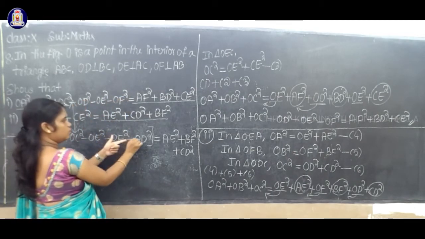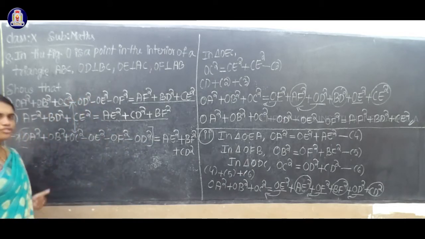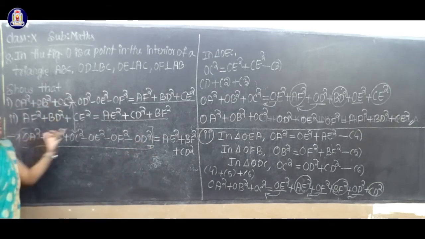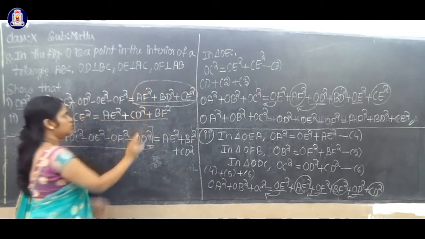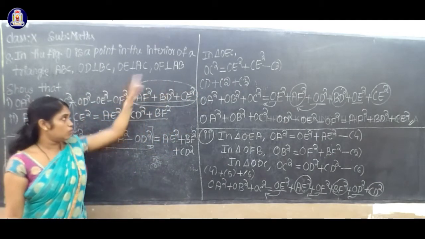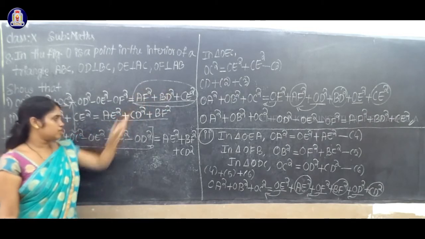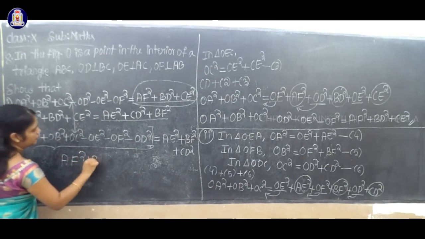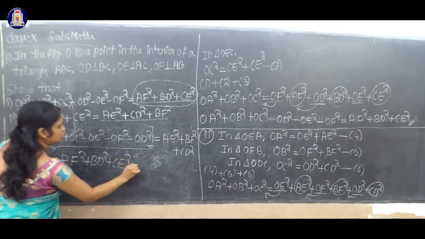Again, minus OD square. Do you have minus OD square? Yes, it is there. So therefore, in this left hand side, from question number 1, what do you have? Left hand side will be equal to how much? AF square plus BD square plus CE square. Isn't it? Yes or no?